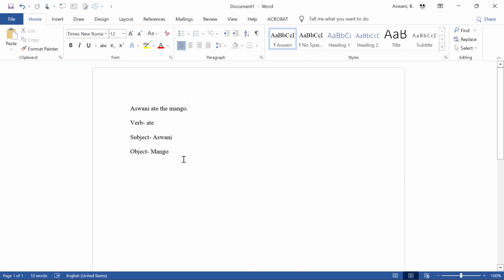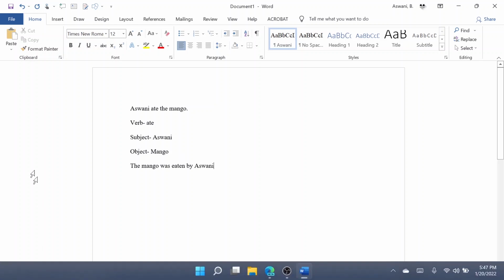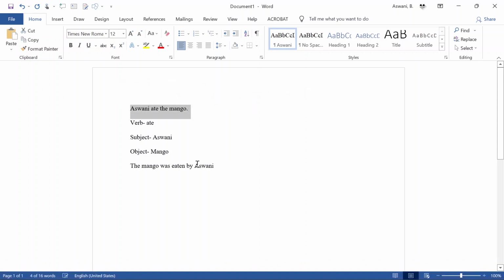If I were to interchange this, it would be: the mango was eaten by Aswani. You note both sentences are correct. However, in this case, I have interchanged them. The mango begins, which means the object begins. Remember, Aswani is our subject, ate is the verb, and the mango is the object.